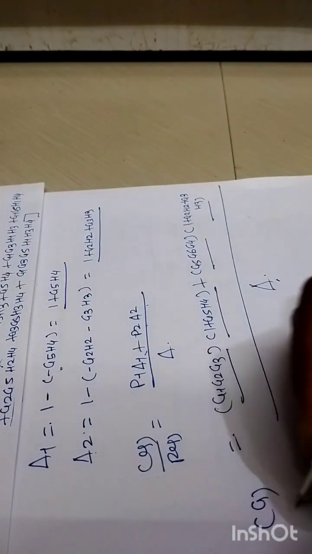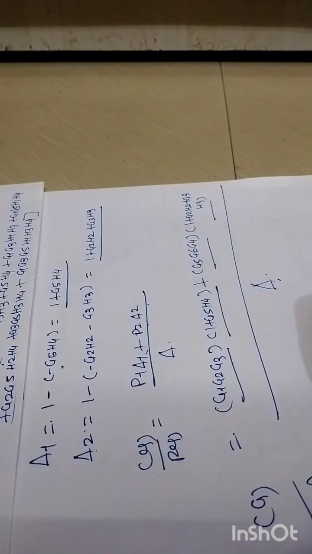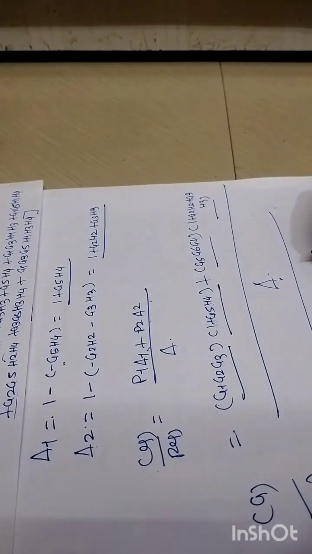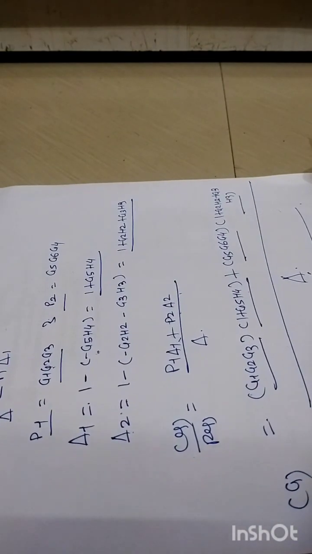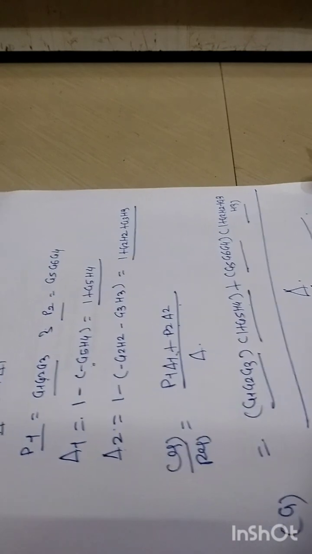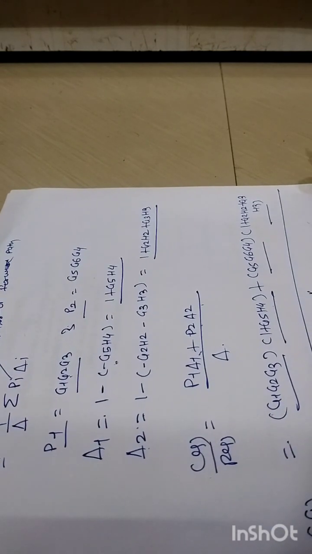So this will give you the overall transfer function. So this is all about the signal flow graph technique. I hope you get a clear idea about this signal flow graph technique by taking this basic example.